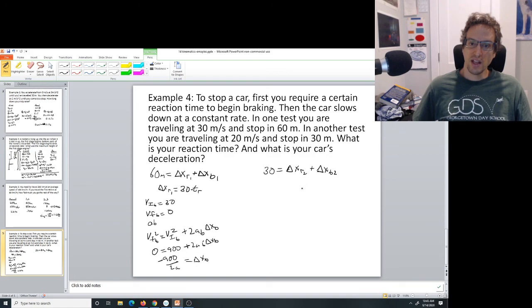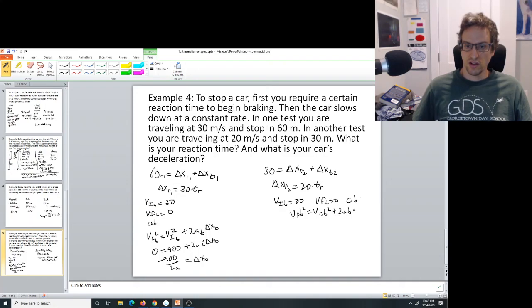I can do the same thing here. So reaction 2 is 20 times t reaction. The initial velocity of braking is 20, the final is 0, and a braking is still a braking. It's still v final braking squared equals v initial braking squared plus 2 times a braking times change in x braking.